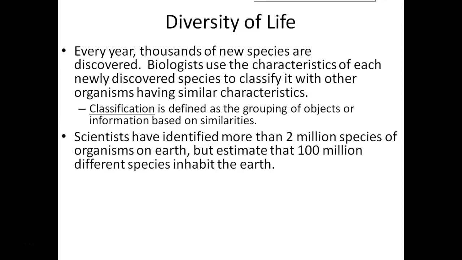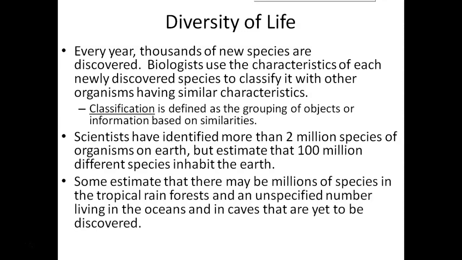Currently scientists have identified more than 2 million species of organisms on this earth, but estimate that 100 million different species inhabit this earth. So what this is saying is that we still have about 98 million species to attempt to find and discover on this planet. A lot of these are going to be microorganisms, which we haven't yet been able to capture or identify.